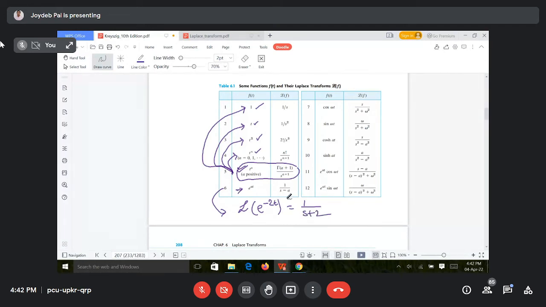Because a is minus 2 here. That is the formula. You can find the Laplace transform of e to the power any value by this formula.